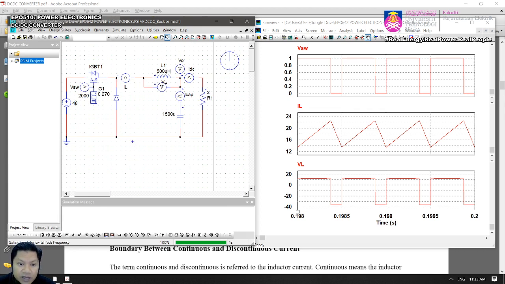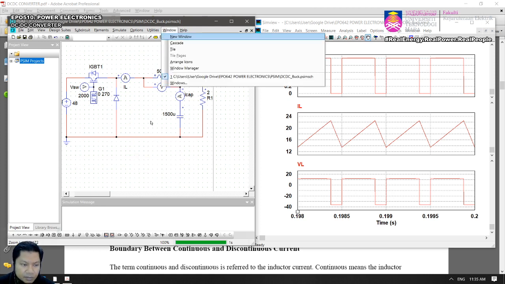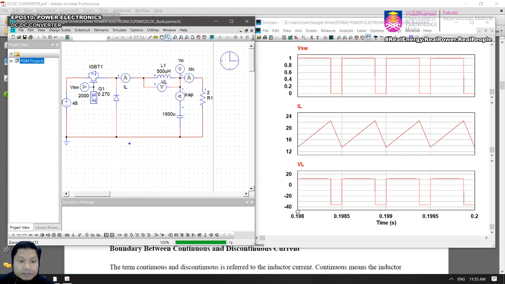Your frequency Fs equals 2000, so therefore Ts equals 1 over 2000, which equals 0.5 millisecond. So this switching period is 0.5 milliseconds.